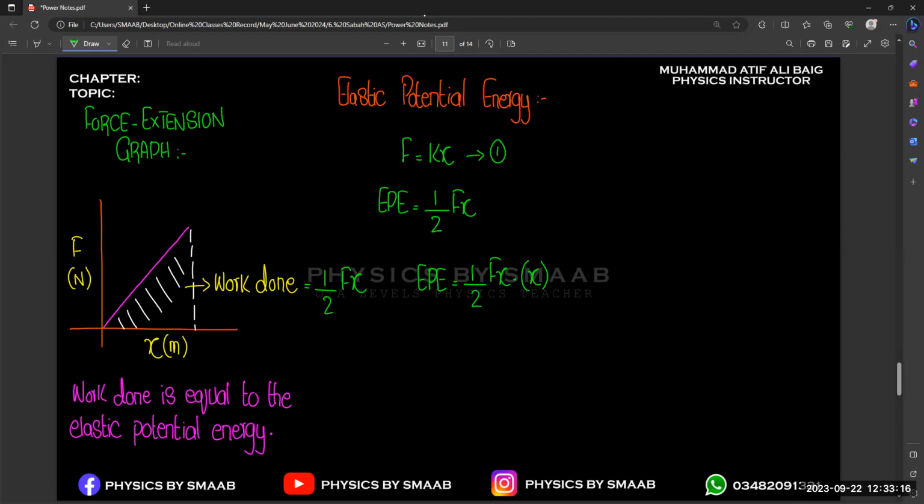So that's how your elastic potential energy can be derived from Hooke's law, and your final equation will be equal to half kx squared.